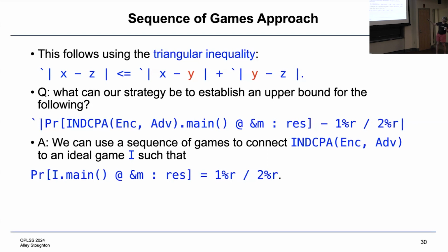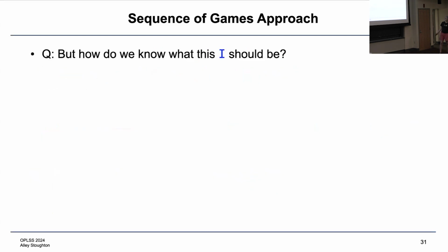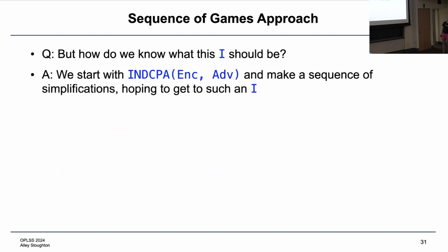But the question is, well, okay, what is the ideal game? And here is the general way that we think about it: the overall bound is the sum of the penalties of each of the steps. So how do you, in general, think about that often? Well, you start with the real game and you make a series of simplifications, hoping to step more and more in the ideal direction.